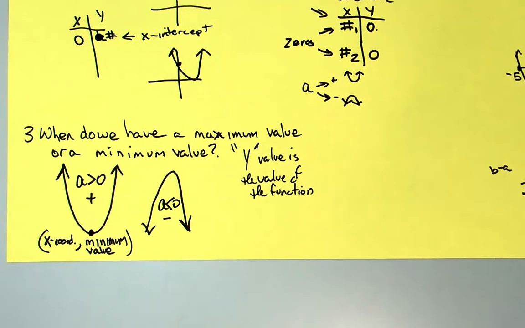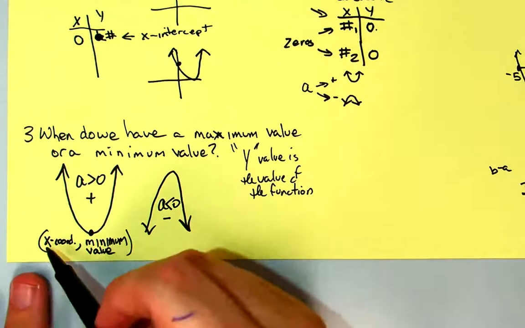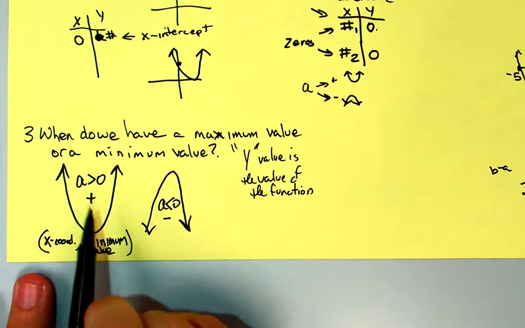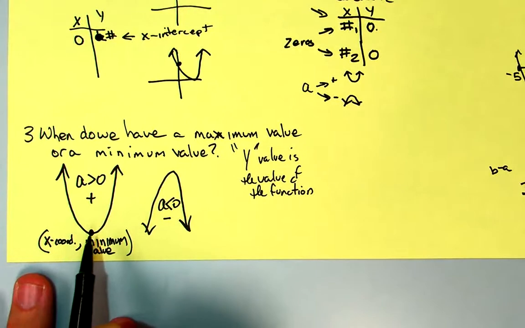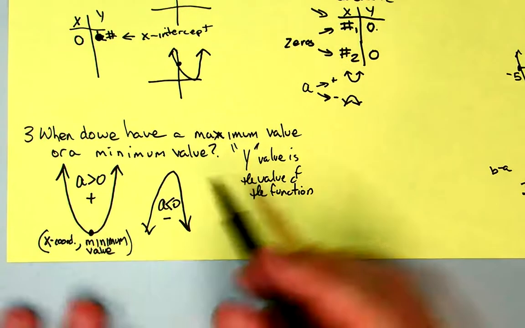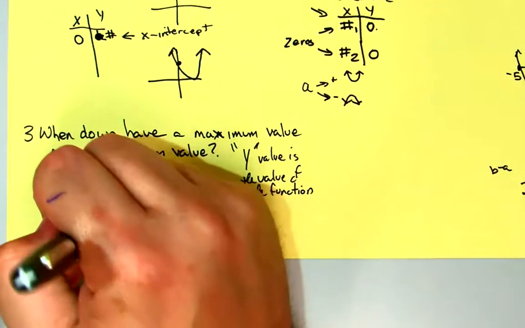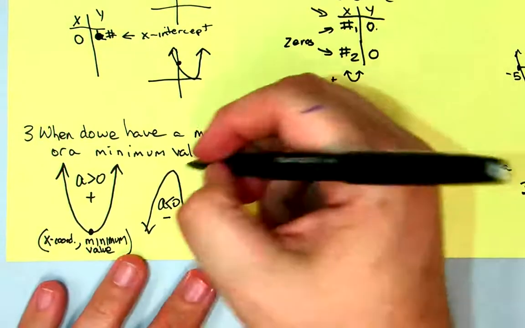Whatever you get as your answer is your y answer. That's going to be the one that tells us what the value actually is. So even though we have an x-coordinate, we know where it's going to be, the actual value for y is what is going to be the minimum value. And since that's the smallest value on the parabola, we get a minimum value.